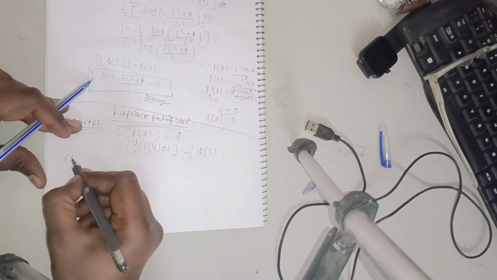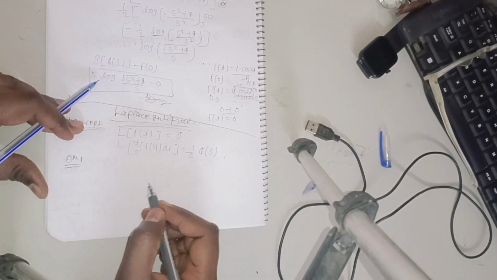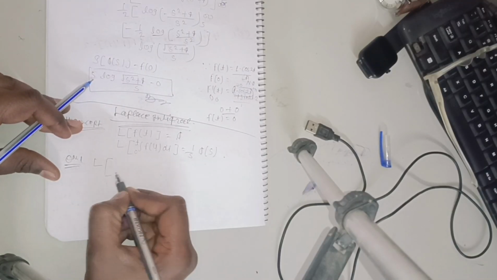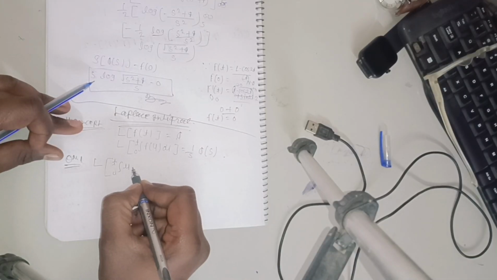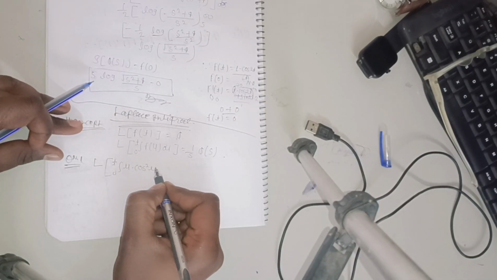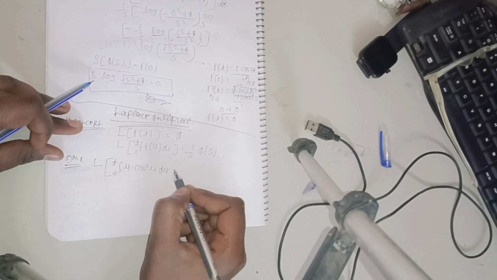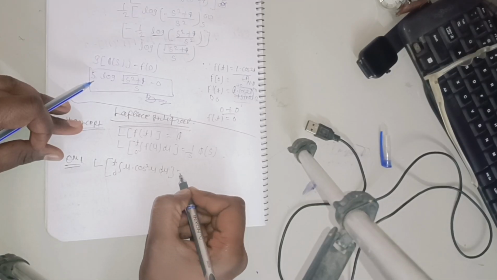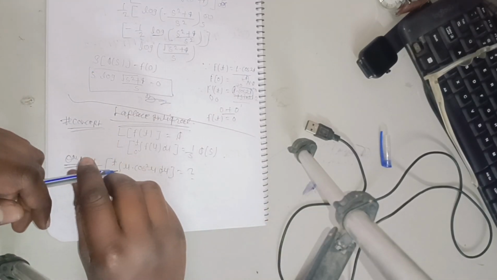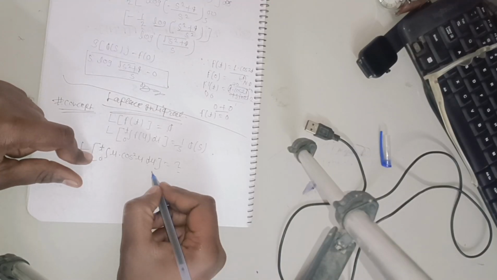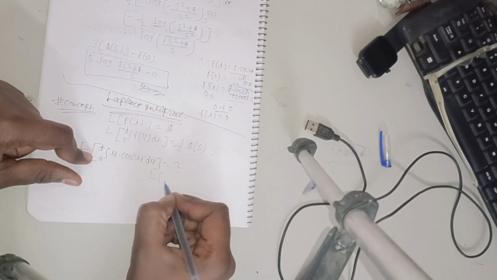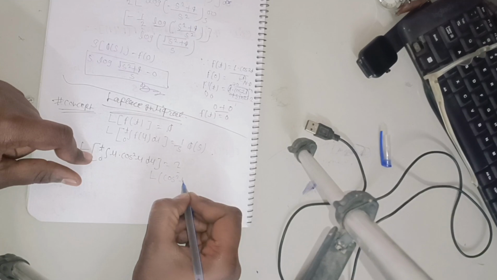So this is the concept. Let's take question number 1. Laplace of the integral from 0 to t of u into cos square u du. Firstly we will find Laplace of cos square u.